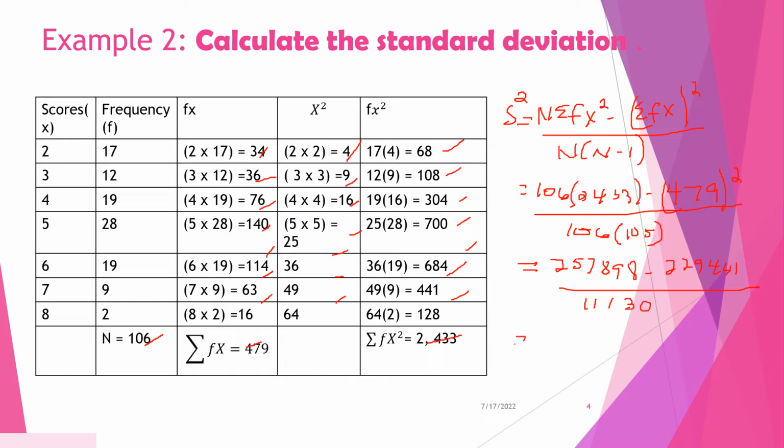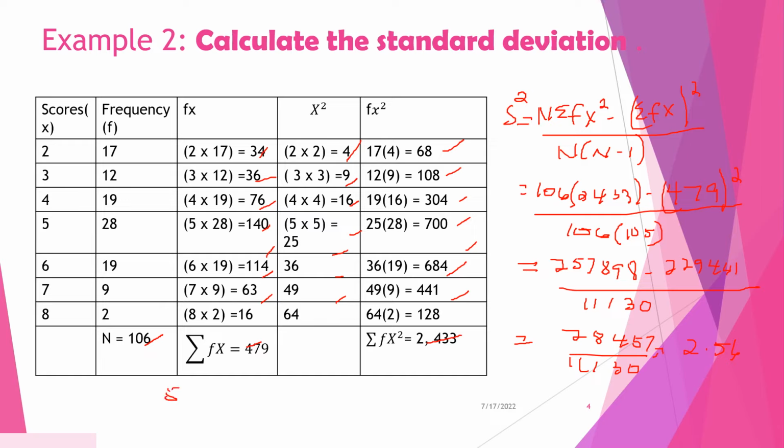Then subtract. The answer is 28,457 divided by 11,130. Approximately, the variance is 2.56. And now get the standard deviation.